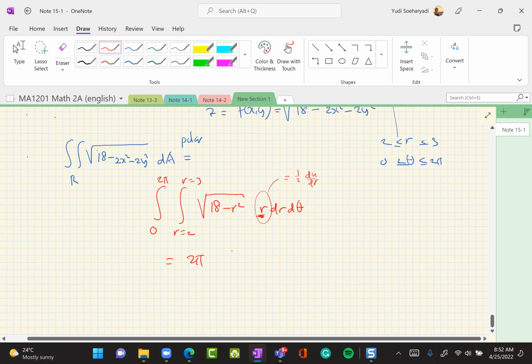The integral is 1/2 the whatever u du, so this becomes negative 1/2.